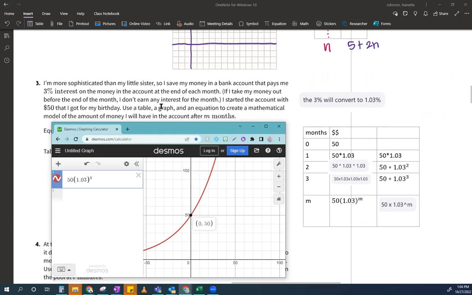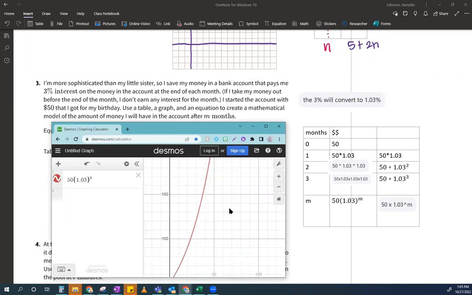Waiting. I imagine your little brains with the spinning circle, processing. Yes. At 0 months, I had $50. Exactly.